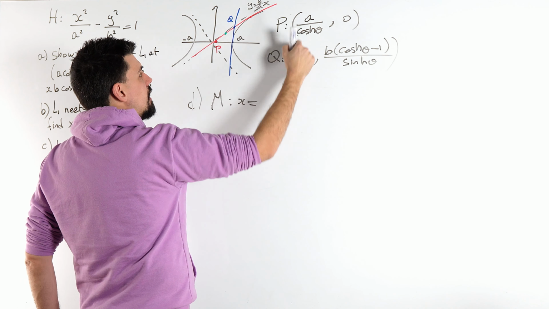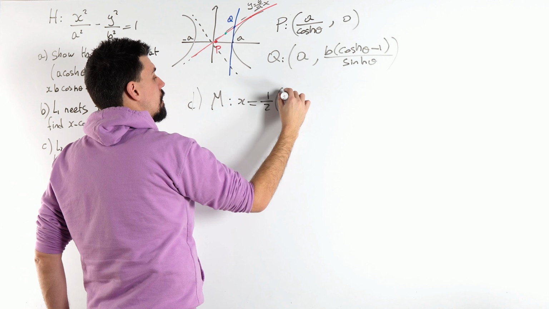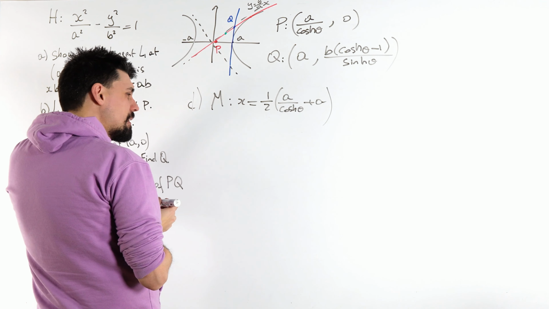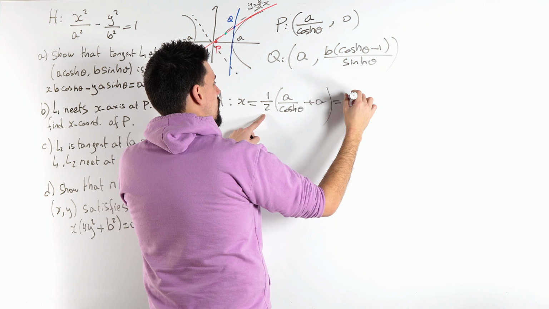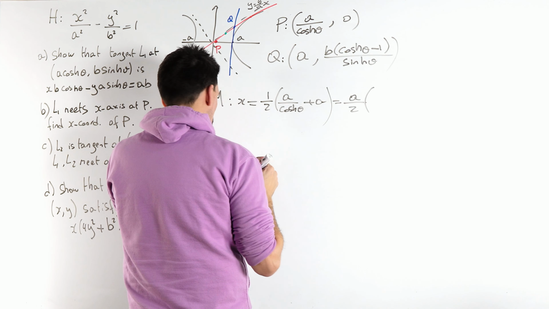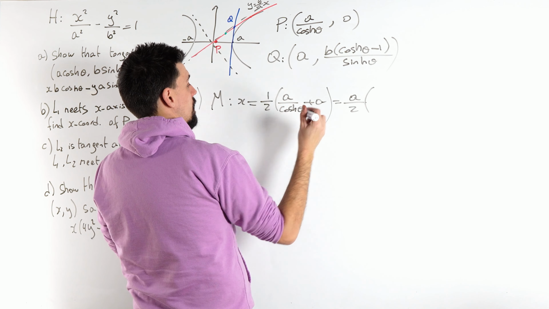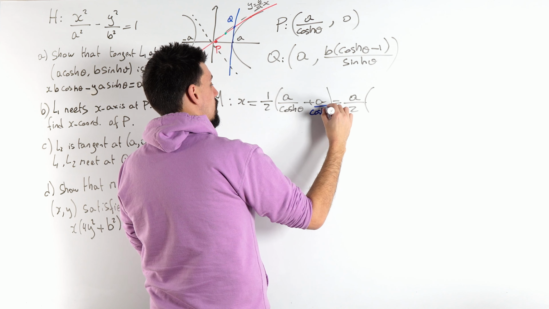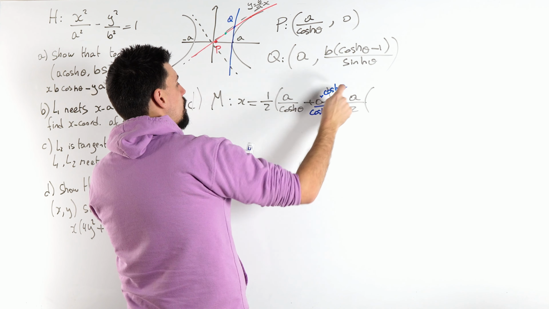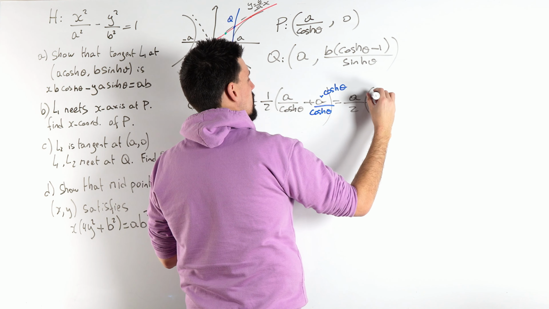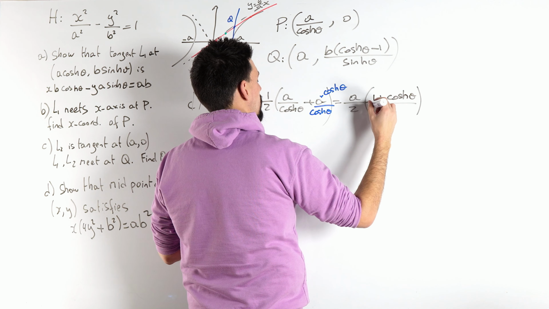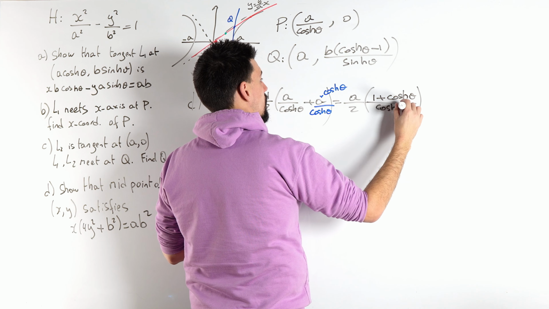So the x-coordinate is 1/2 of A over cos theta plus A. In fact, we can play around with that a little bit. Get a common denominator here, cos theta, and times that by cos theta. Factorize out the A, and I think we get A(1 plus cos theta) over cos theta.